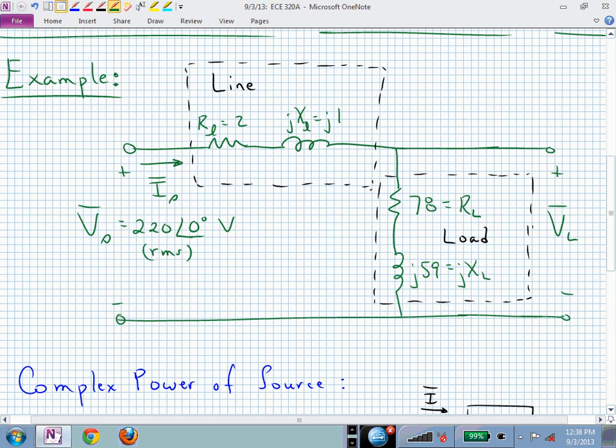The current needs to go into the positive terminal. Is the current that I've defined, I sub S bar, going into the positive terminal of this particular piece of the system that I'm trying to compute? Is it going into the positive terminal?